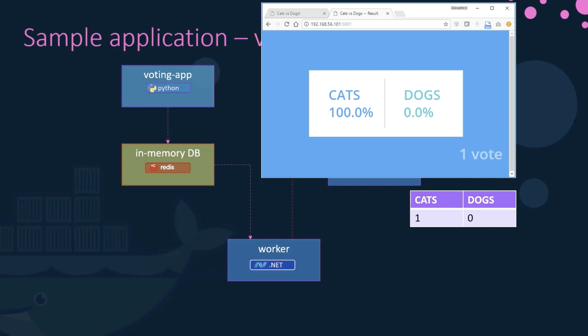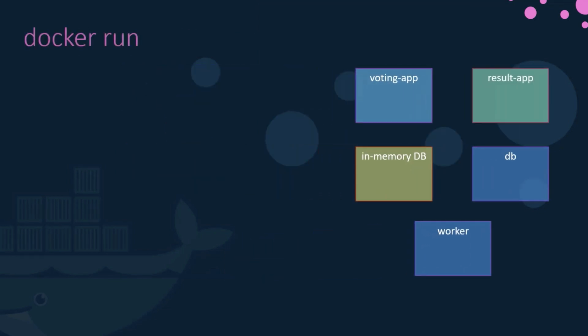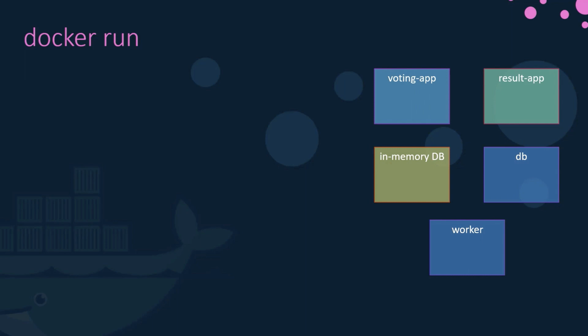Let us keep aside Docker Swarm, services, and stacks for a minute and see how we can put together this application stack on a single Docker engine using first docker run commands and then Docker Compose.